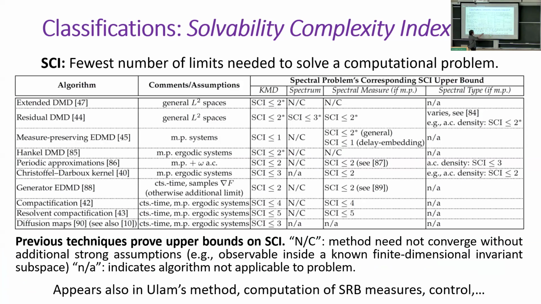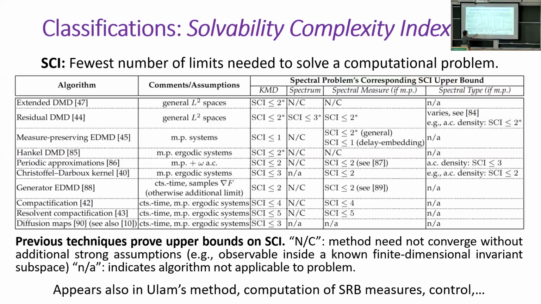Here are the upper bounds that you can read off from the theorems in those papers. Okay, so upper bounds on the SCI for the Koopman mode decomposition. So think of this as computing the functional calculus, the spectrum, spectral measures, spectral type. I'm not really going to go into those, but if you don't know what spectral type is, think of it as like point spectra, so eigenvalues, or continuous spectrum.